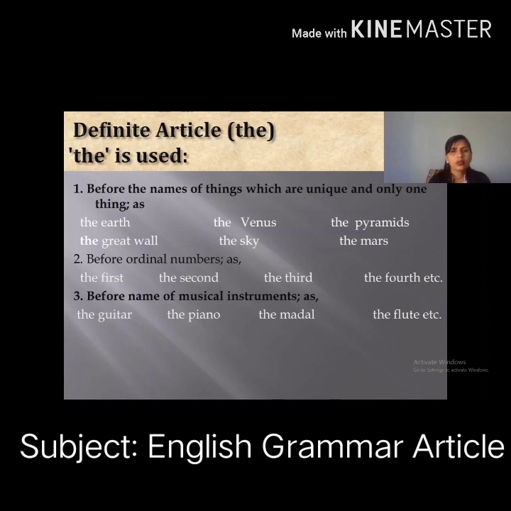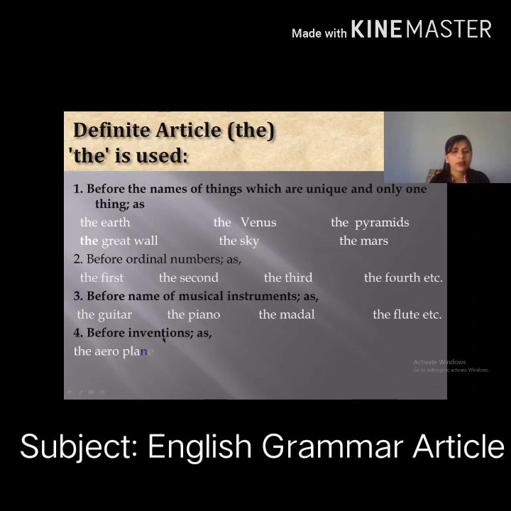So, we have to use article the before the musical instrument and say the guitar, the piano, the madal, the flute, etc. The is used before invention. Invention means people invented them.